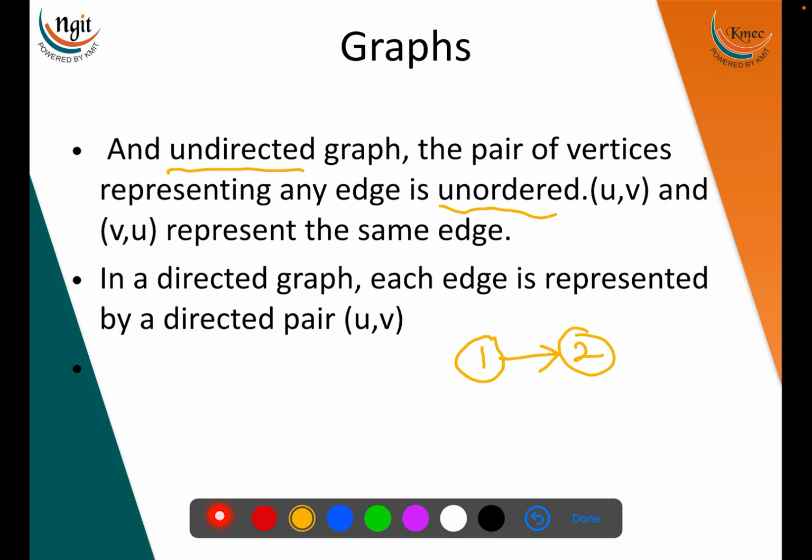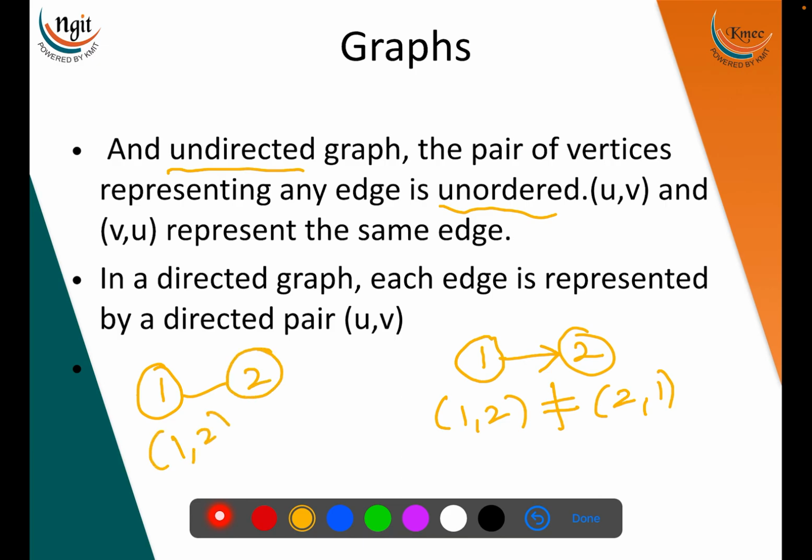In the directed graph, edge (1, 2) is not equal to (2, 1). Whereas in an undirected graph, you do not find any direction, so (1, 2) is exactly equivalent to (2, 1). These are directed graph and undirected graph.